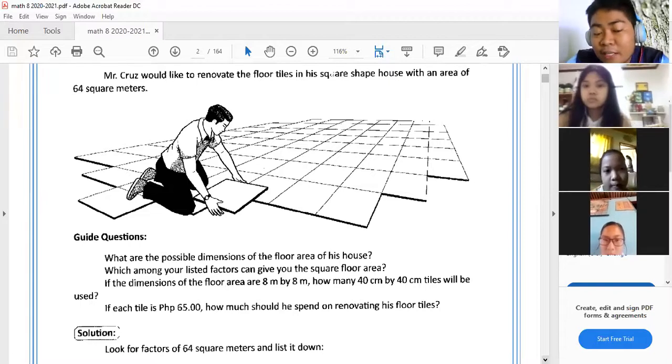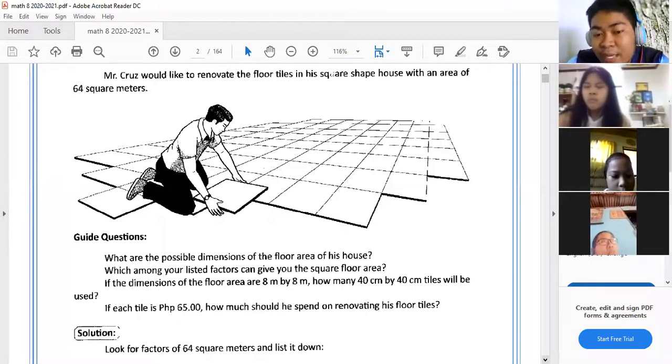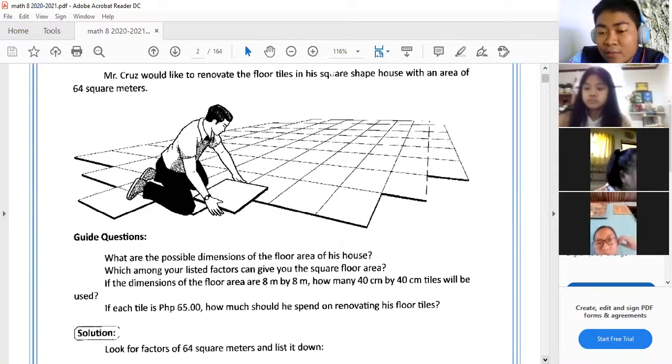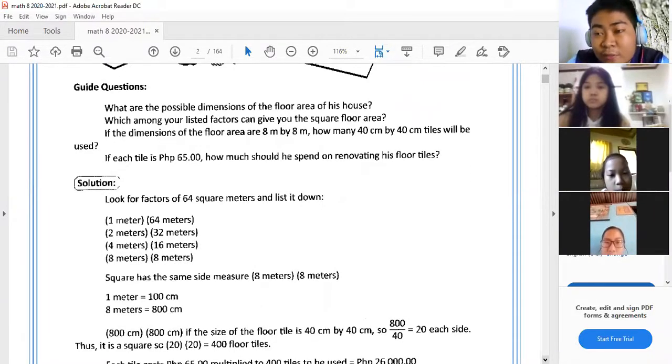If the dimensions of the floor area are 8 meters by 8 meters, how many 40 centimeter by 40 centimeter tiles will be used? And if each tile is 65 pesos, how much should he spend on renovating his floor tiles? So look for factors of 64.